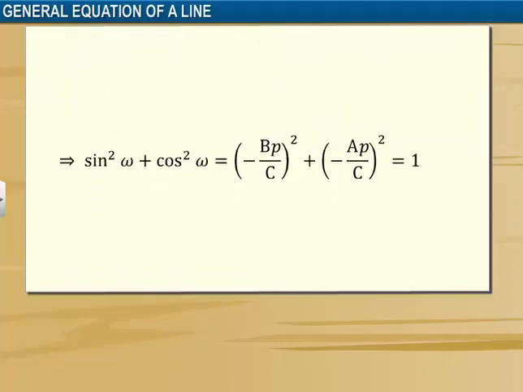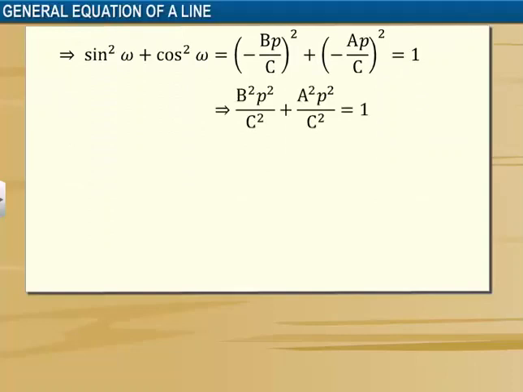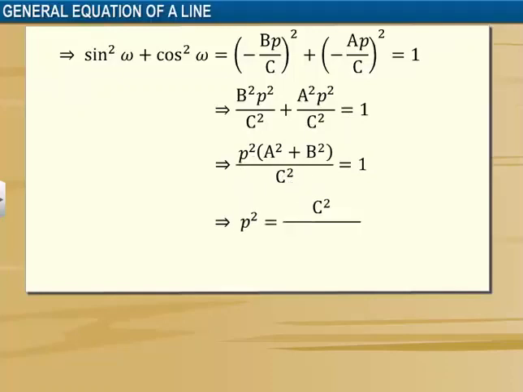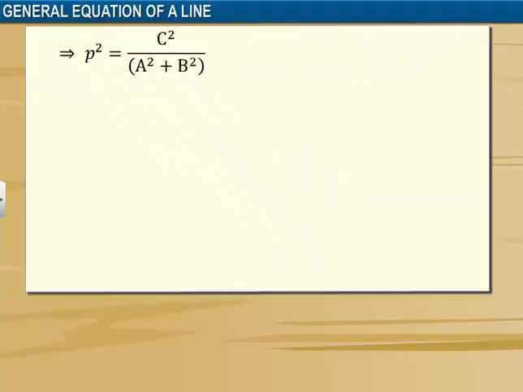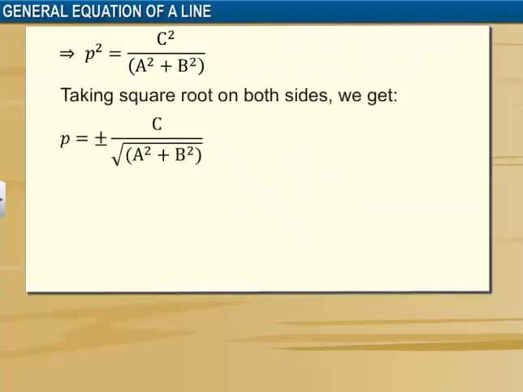On simplifying, we get the value of p as plus or minus c upon under root a square plus b square.